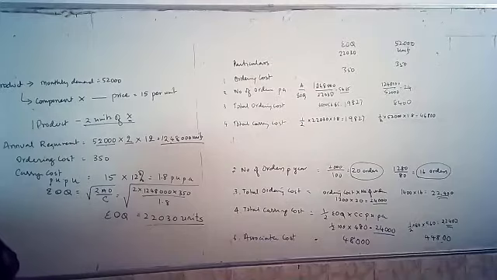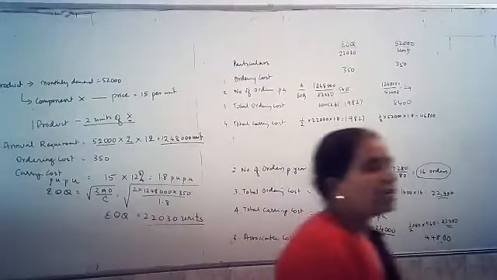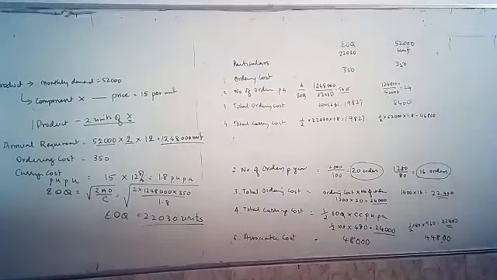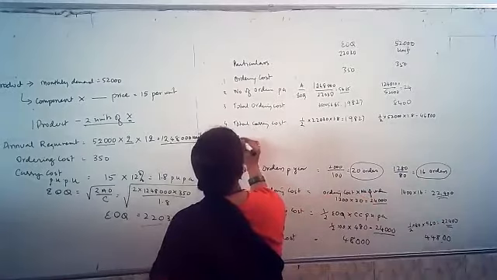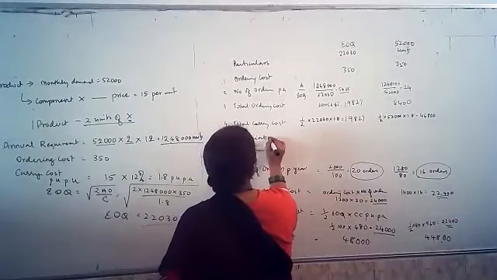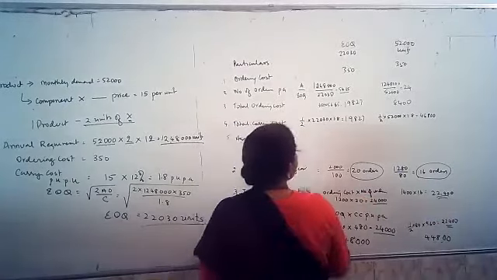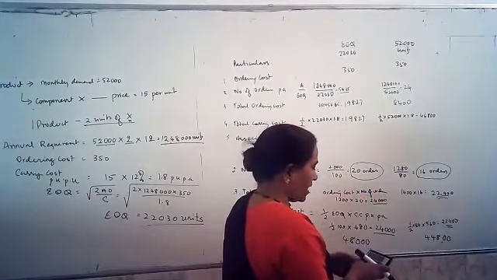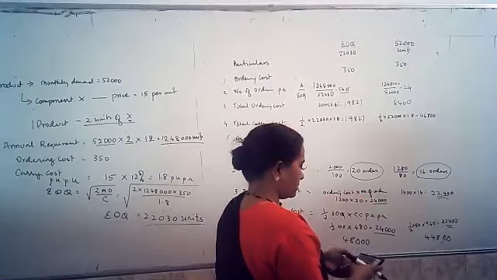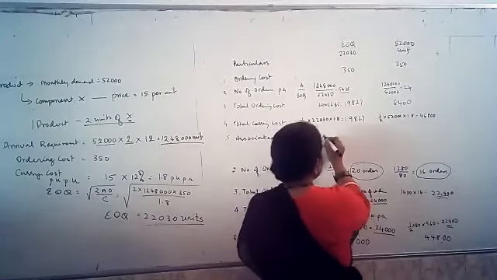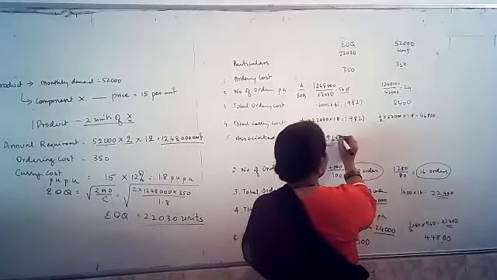So add up both of them. How much is the associated cost? Quickly add up the ordering cost and the carrying cost. Fifth one, associated cost. Associated cost is 19,827 plus 19,827, so 39,654.